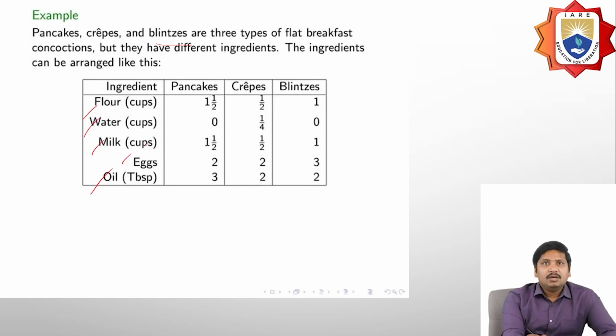For pancakes, I need 1.5 flour, 0 water, 1.5 milk, 2 eggs, and 3 oil spoons. The same ingredients should also be applied for preparing crepes. So it should be half flour, 1/4 water, half milk, 2 eggs, and 2.